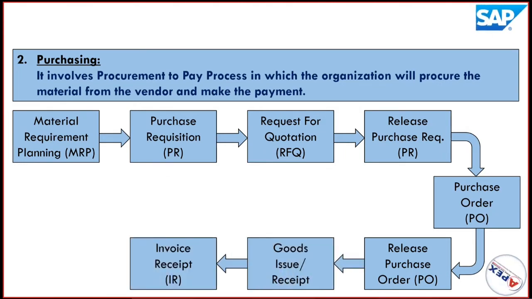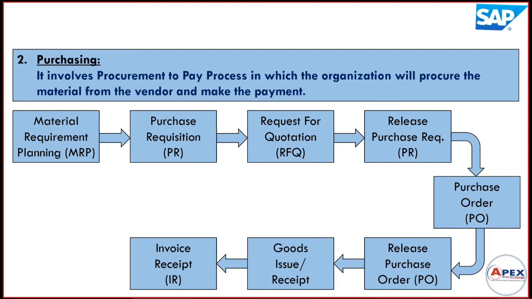Once the goods receipt has been generated, an invoice will be generated by the purchasing department. Here in SAP MM, all these activities will be done by the SAP MM consultant itself. What I am telling you is that this purchasing department is the SAP MM consultant itself. All these things will be generated by us only.